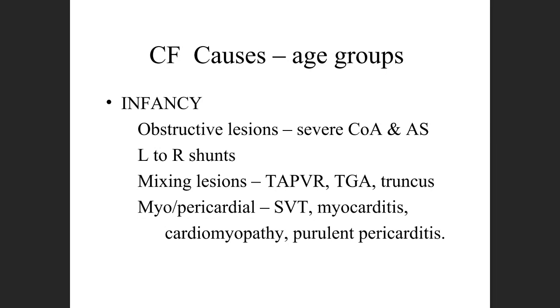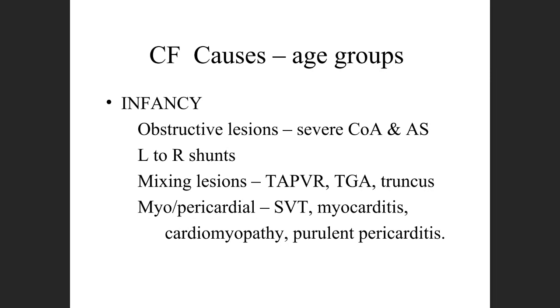And then there are conditions due to diseases or difficulties with the myocardium or the pericardium. And these conditions include supraventricular tachycardias, myocarditis of different types, the cardiomyopathies, and a condition that we call purulent pericarditis.